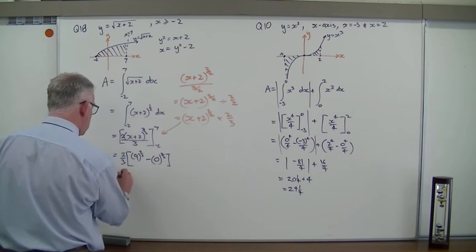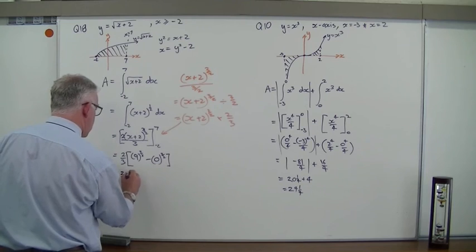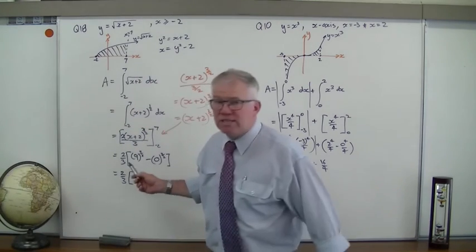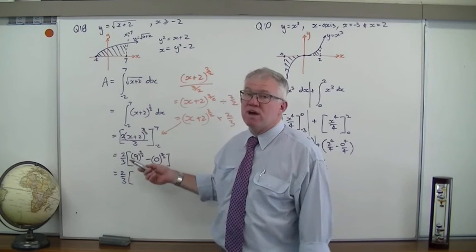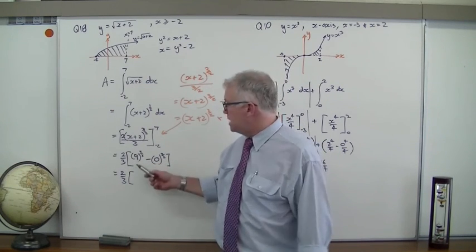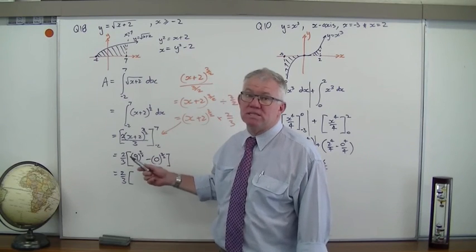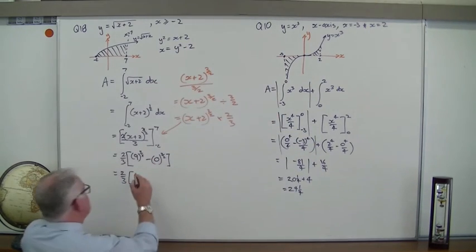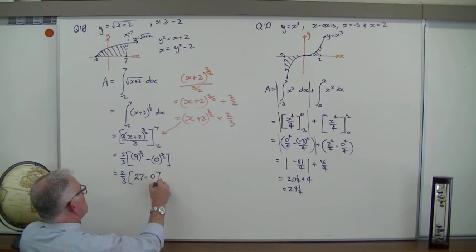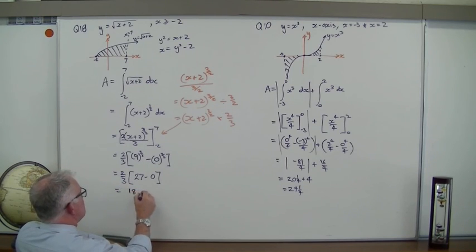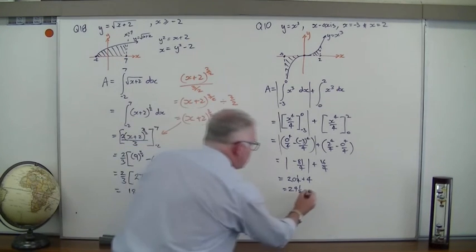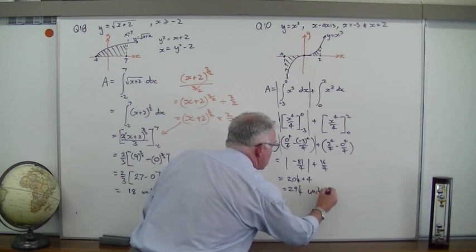This shouldn't be too hard. Think of 9 to the power of a half, which is 3, and then cube it, which will be 27. So this will give us 27 minus 0. And 2/3 times 27 gives us 18 units squared.